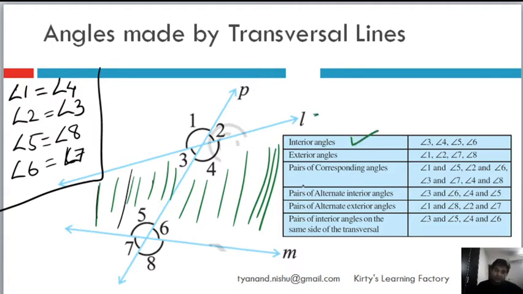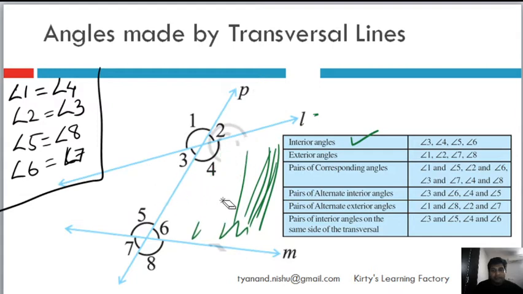So my lines are L and M, and I am looking at the region which is between L and M. So between L and M, what are the angles that you see? You see angle 3, angle 4, angle 5 and angle 6. So angle 3, angle 4, angle 5 and angle 6 are called interior angles. And I will tell you why they are called so.